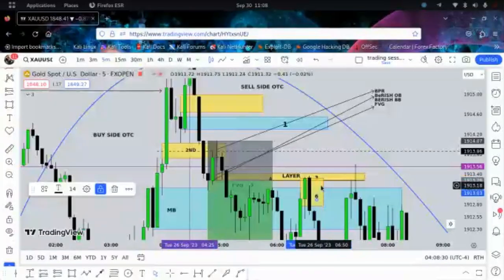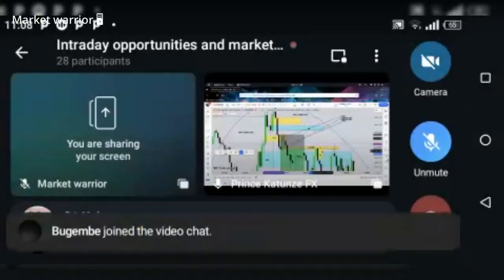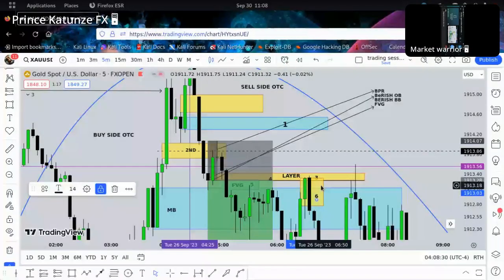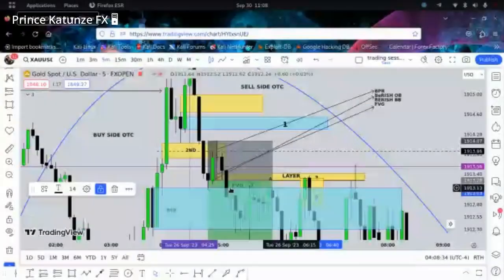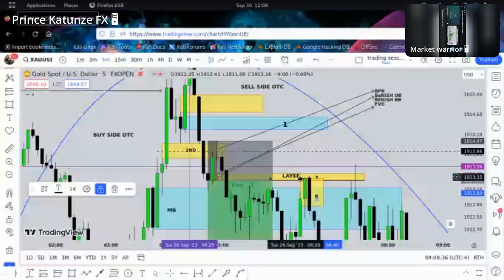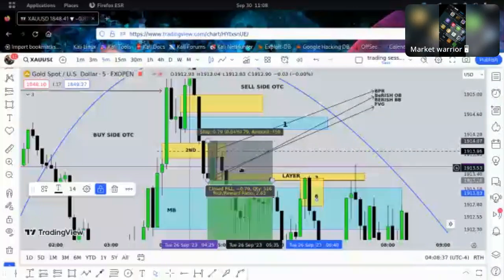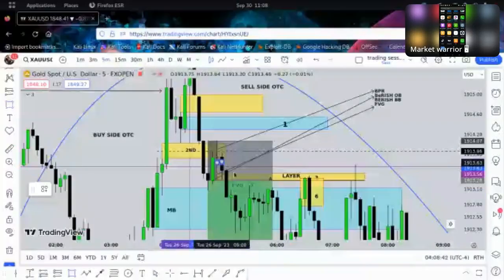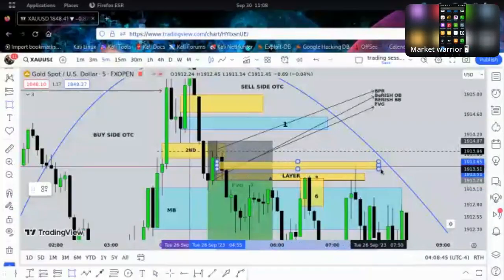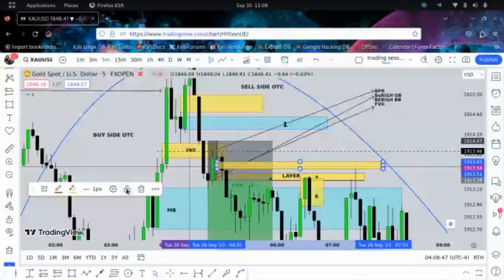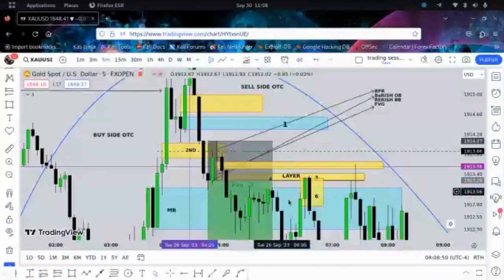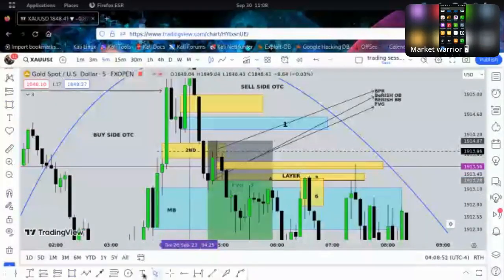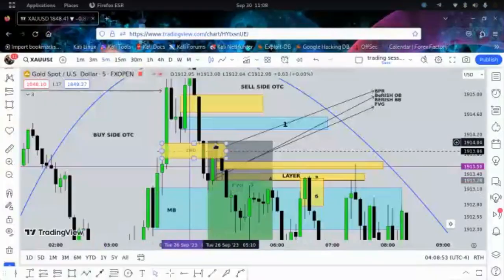You always have to look at where liquidity is. You realize that actually we have another fair value gap within this range. So price may come for that FVG. So when you're putting your entry here, your stop loss is here.